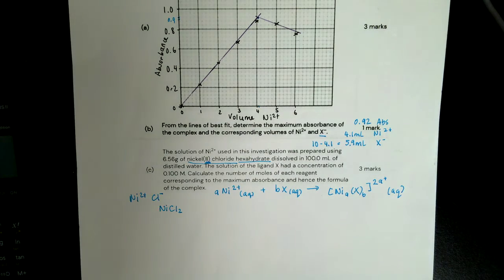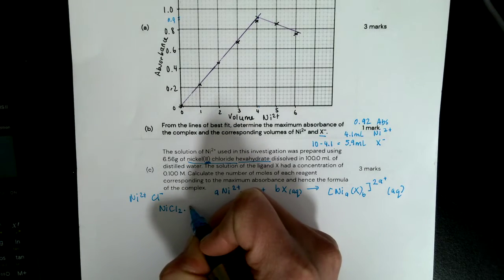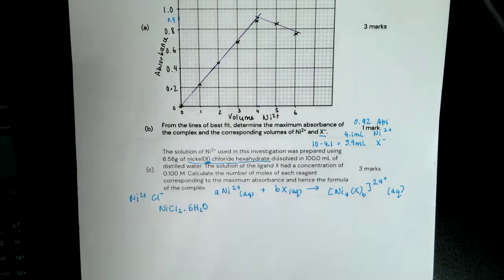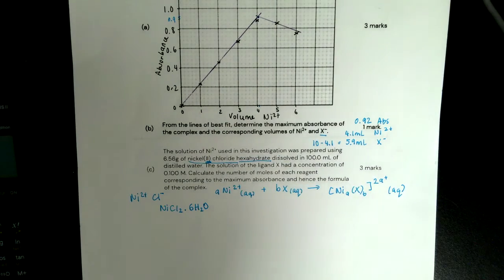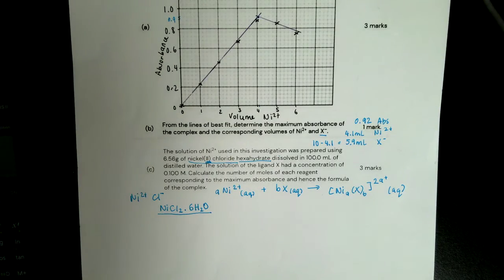Chlorine is in group 7, so the chloride ion will have a negative 1 charge. So NiCl2, and then a little dot for the water of crystallisation, 6H2O.